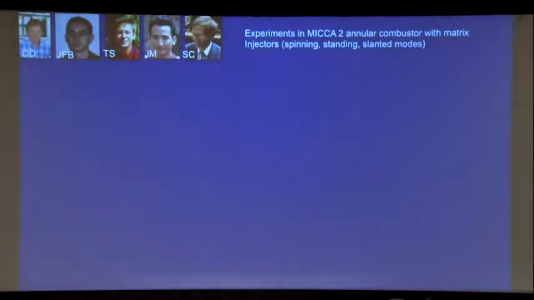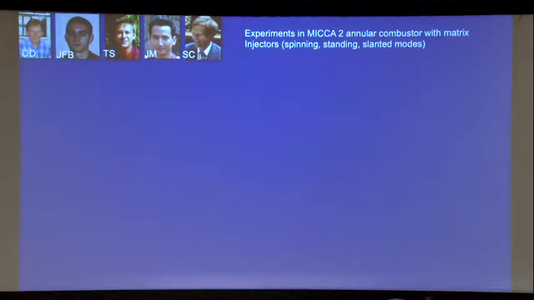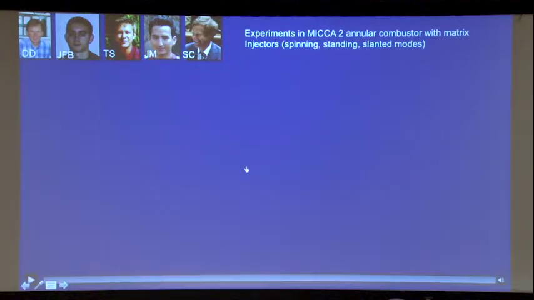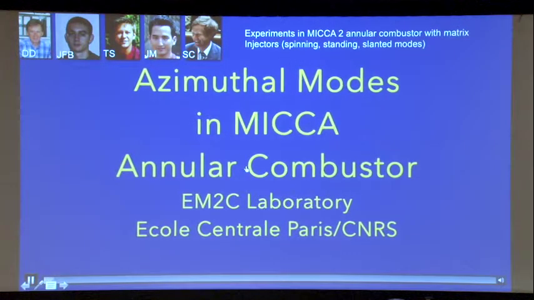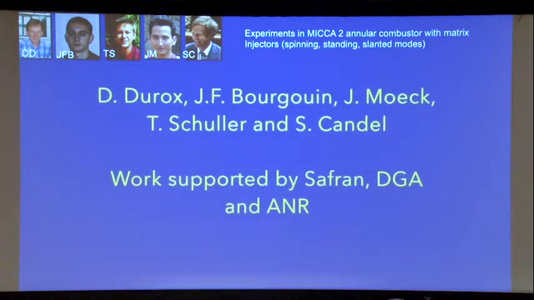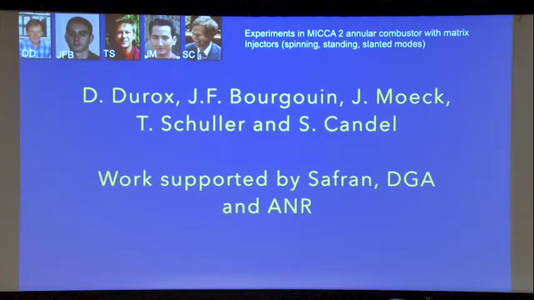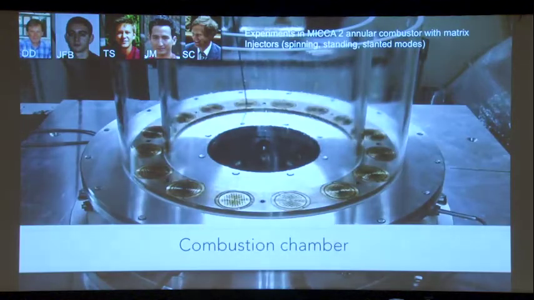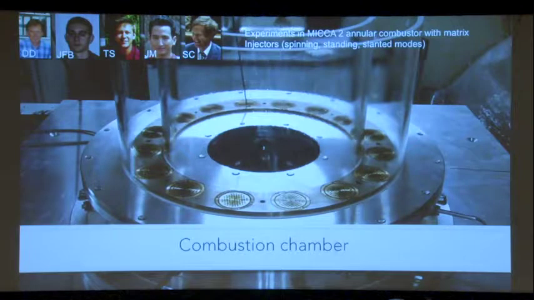So let's look at the film. Now this is done with a simple camera. It's not a high-speed camera. So let's look at what goes on. So this is the combustor.